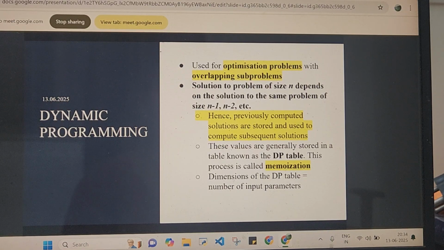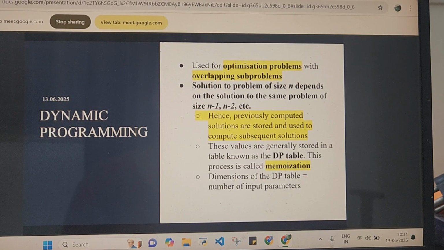To recap, dynamic programming is a design paradigm used to solve optimization problems where the subproblems are dependent on each other, that is, they overlap. So the solution to a problem of size n depends on the solutions to sizes n-1, n-2, n-3 and so on.